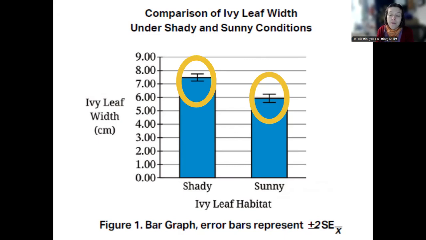Because it's standard error of the mean, we've divided by the number of times the experiment was done, right? So if you got these averages but counted 10 leaves apiece, that would make you less sure of the average than if you counted 1,000 leaves. So these particular bars help us think about that.